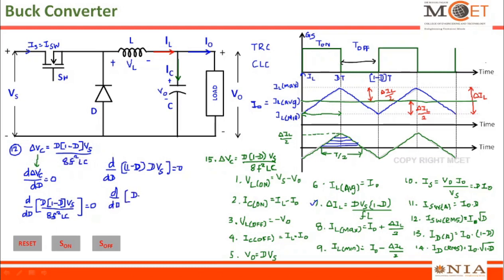When I multiply this inside, I get D into Vs minus D square into Vs equal to 0. So d by dD of D Vs is Vs, minus d by dD of D square Vs, which is 2D into Vs, is equal to 0. If I find the expression for D, it becomes 0.5. So this is the value of D at which my delta Vc is maximum.